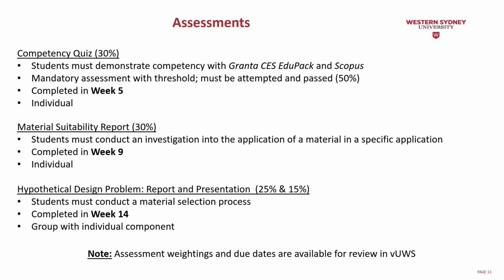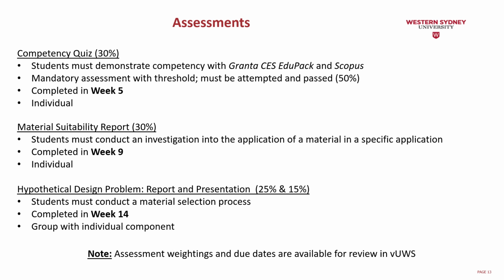It should be completed in week number 5, and this will be individual work. Also, we have the material suitability report, which is going to carry a weight of 30%, where the student must conduct an investigation into the application of the material in specific applications. It should be completed in week 9, and also is going to be individual work.